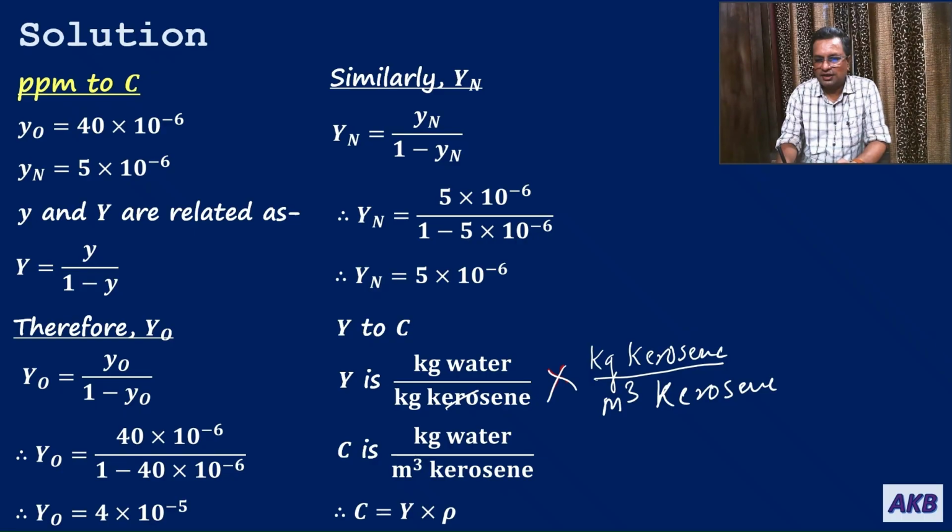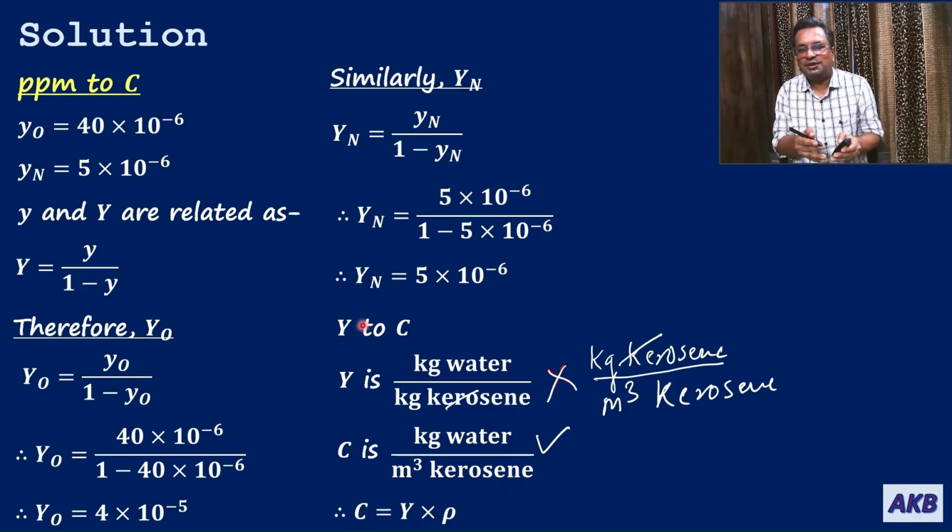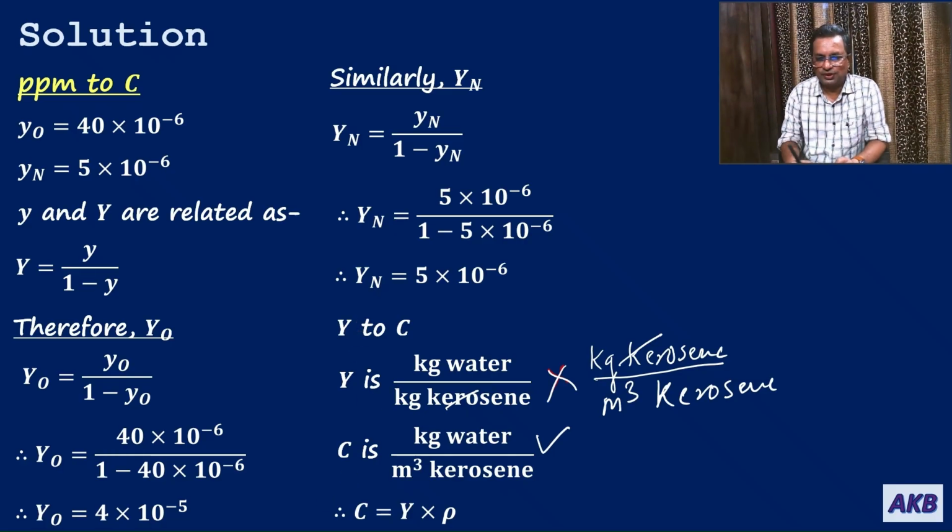Kg kerosene will cancel, and you are left with kg water per meter cube kerosene, and that is what we need. So if I multiply capital Y with rho, the density of kerosene, I am going to get capital C. In this way, the ppm data is converted to capital C. Let us move ahead.